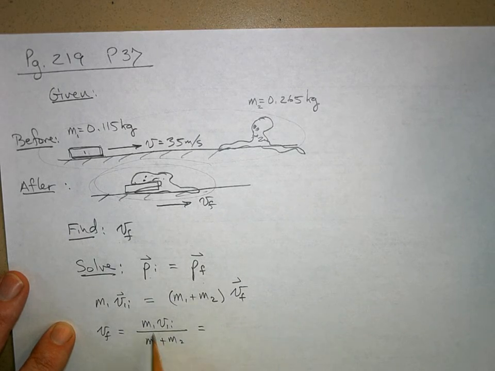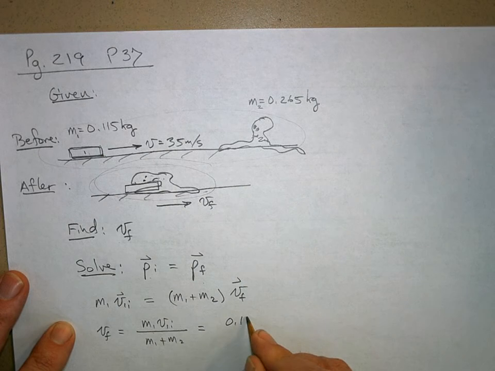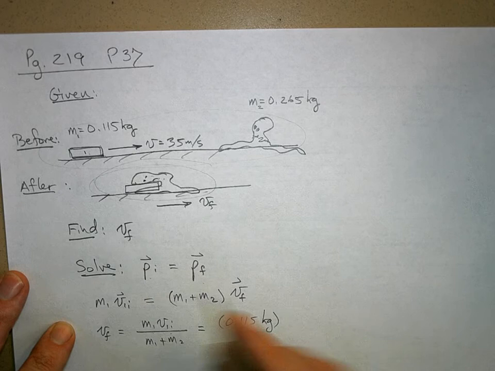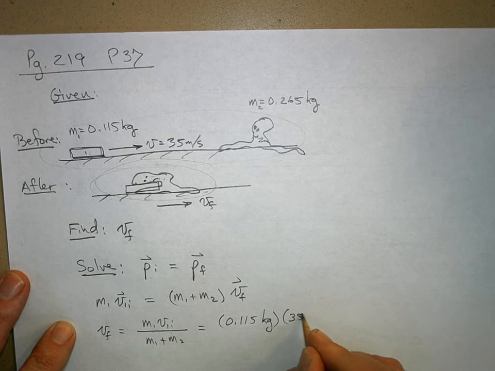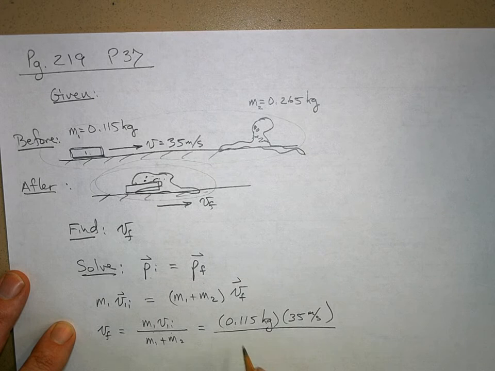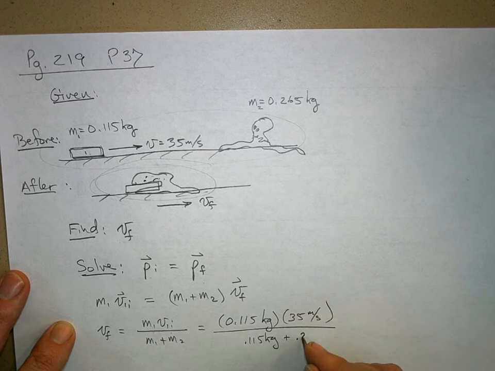So M1 is 0.115 kilograms. V1 initial is 35 meters per second. And then M1 plus M2, well, that's 0.115 kilograms plus 0.265 kilograms.